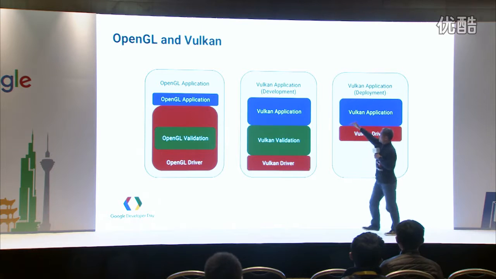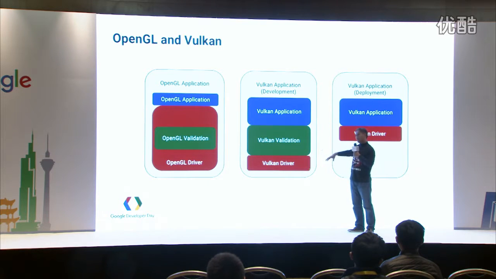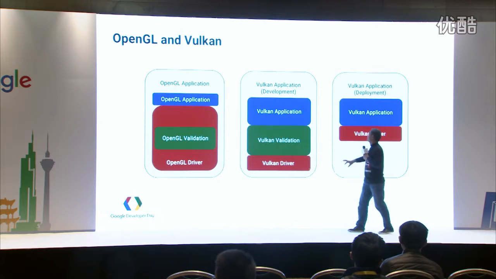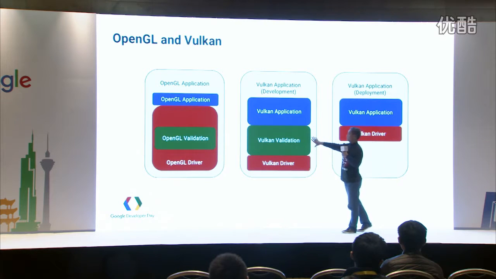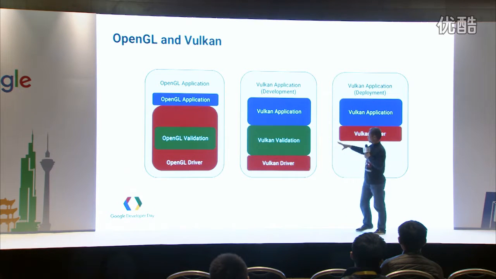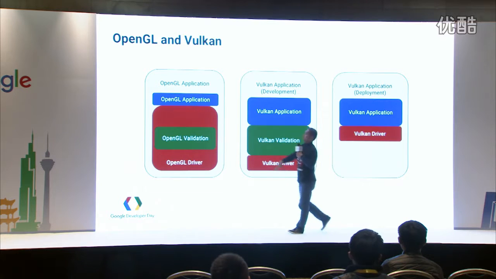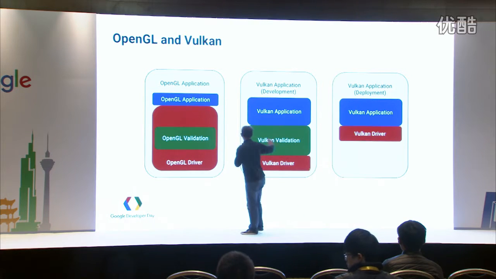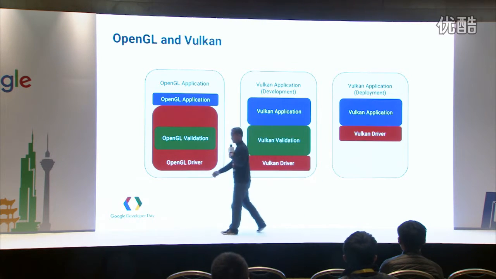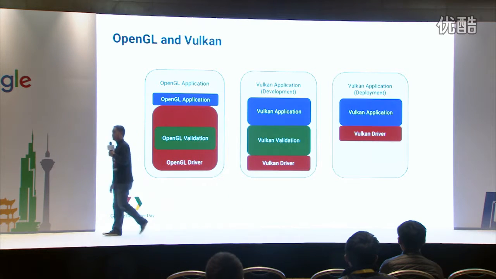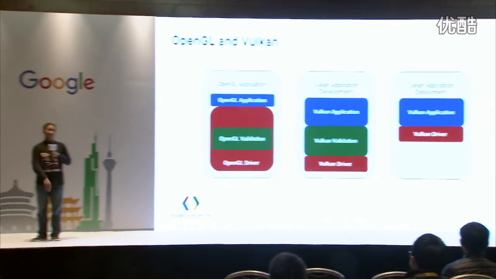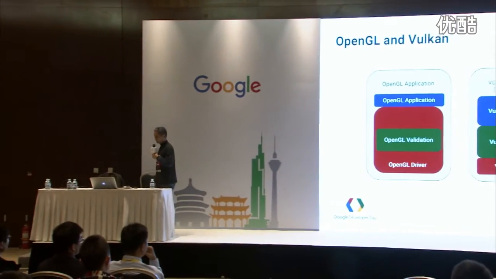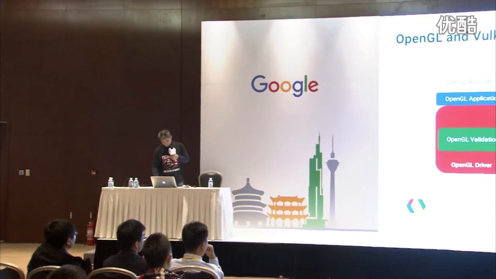After your application is well debugged and validated, and you're ready to deploy, you just don't load the validation layers. All the cycles you used to waste are used for your application. So that's what I said: you can really get every cycle of your GPU to your application. Even on the CPU side it's the same.